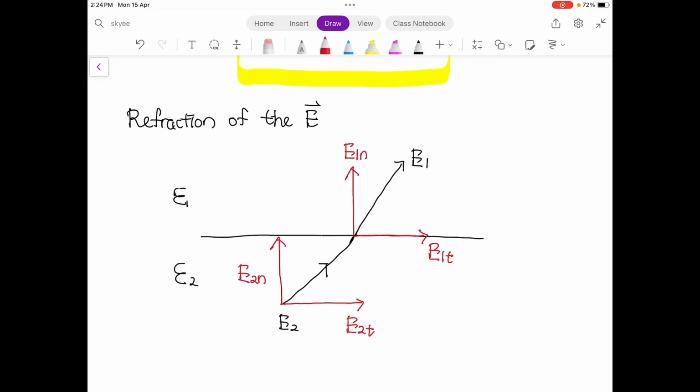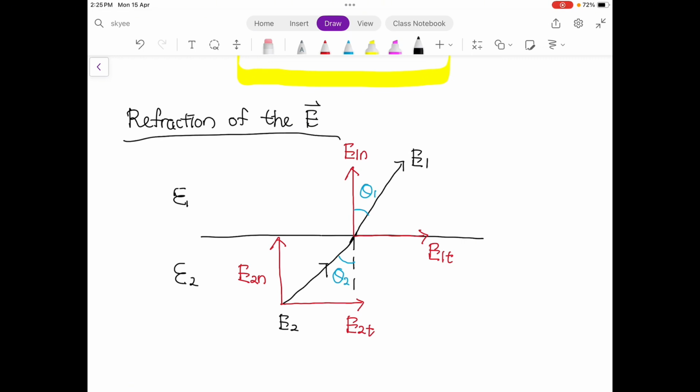You can see here that you will have angles: angle 1, and if we extend this line, we could have angle 2. So the electric field is refracted. Let's find the relationship between angle 1 and angle 2 with respect to the properties of the mediums.